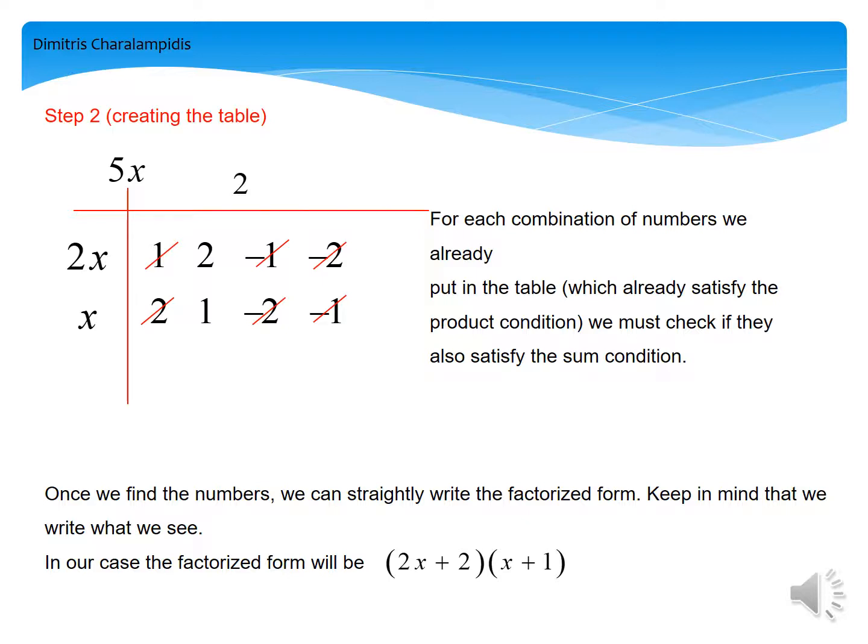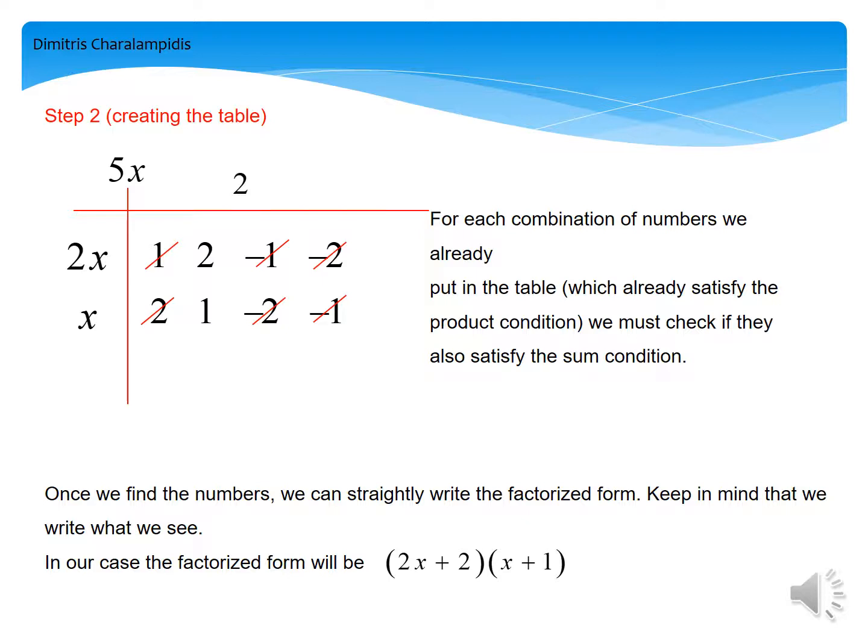The first pair was numbers 1 and 2. Indeed, 1 times 2 is equal to 2. But if we multiply 1 by 2x and 2 by x, the total sum would be 4x and not 5x. So we cross out this pair. We move on to the second pair, numbers 2 and 1. Again, if we multiply 2 by 1, we would get 2.